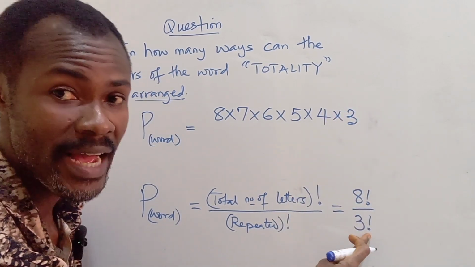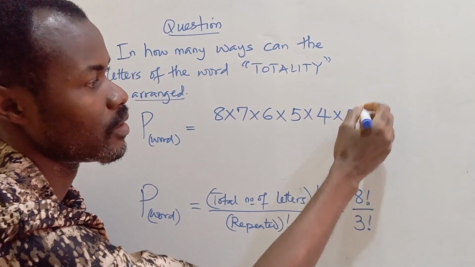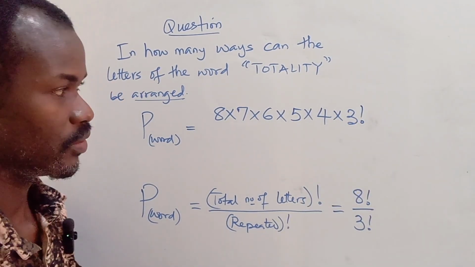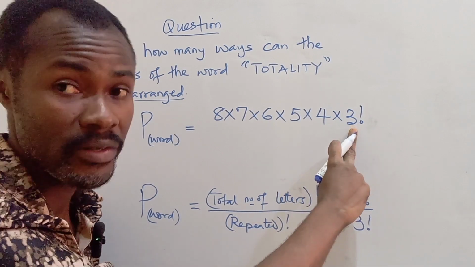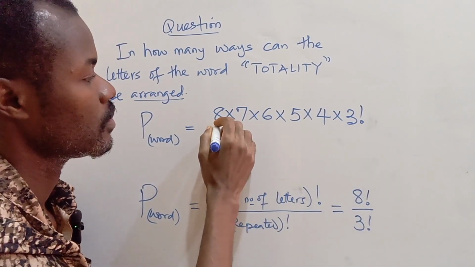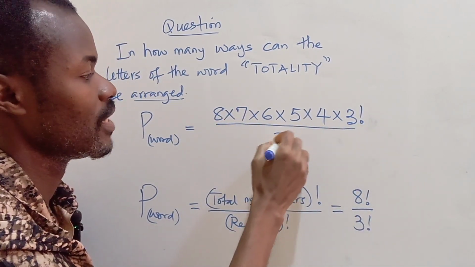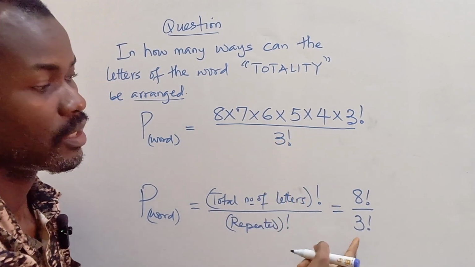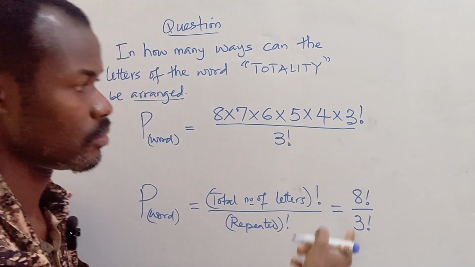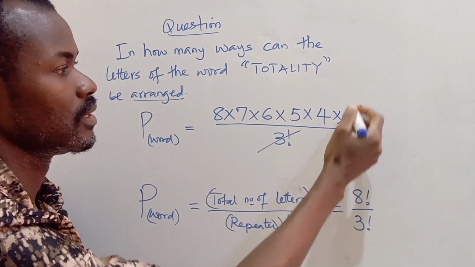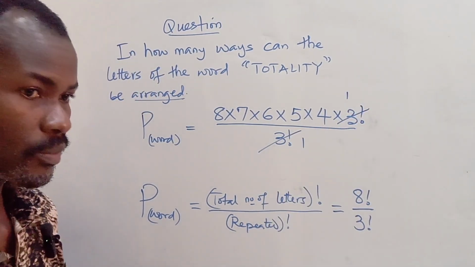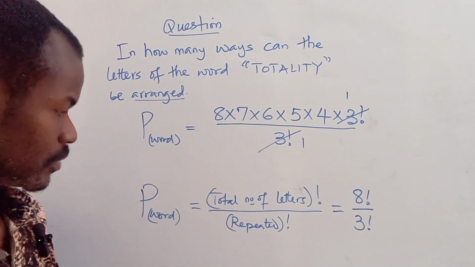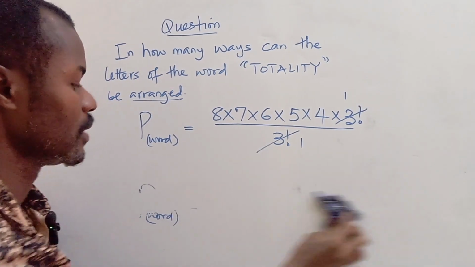But now since we have 3 factorial, we can stop here, as 8 factorial stopping at 3 factorial. The reason for that is to enable us to cancel out this 3 factorial in the denominator. So this will cancel out this. Okay. So let's see what we are left with.